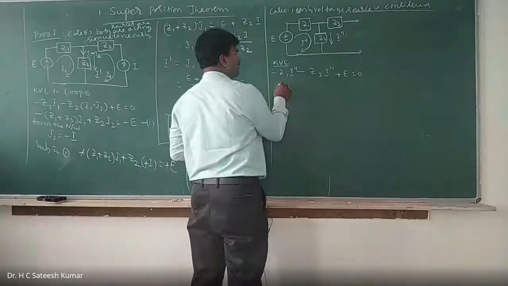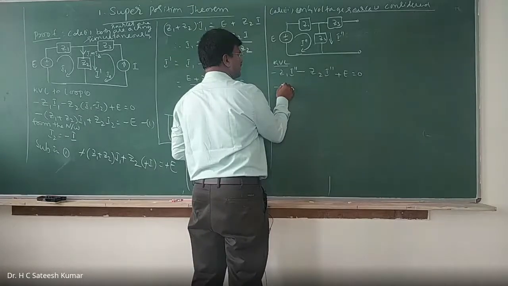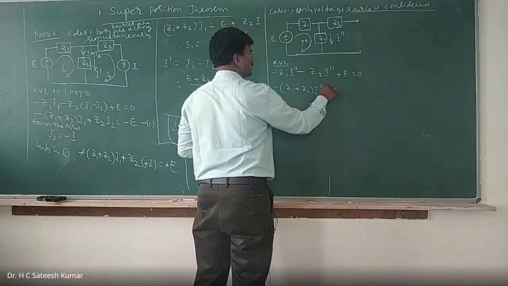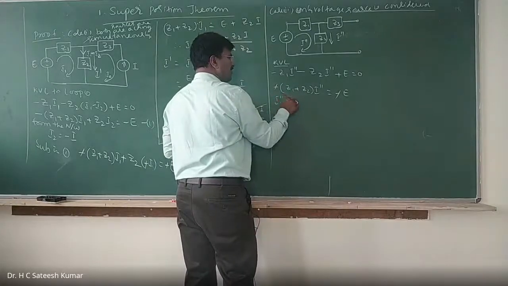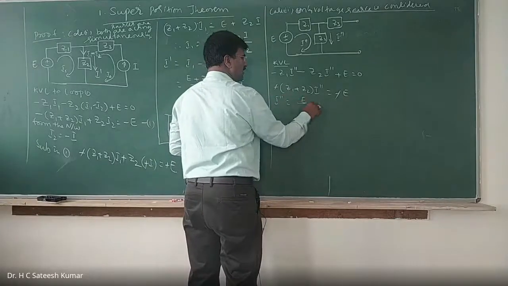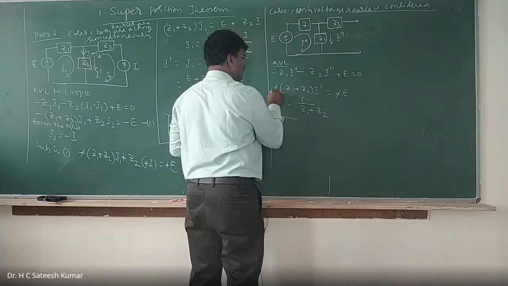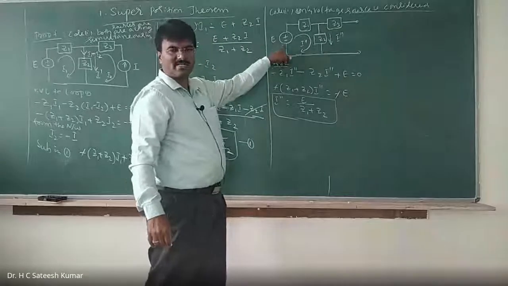Transfer to the right hand side: minus of Z1 plus Z2 into I double dash is equal to minus E. This minus gets cancelled. I double dash is equal to E divided by Z1 plus Z2. So this is nothing but the response when only the voltage source is acting.